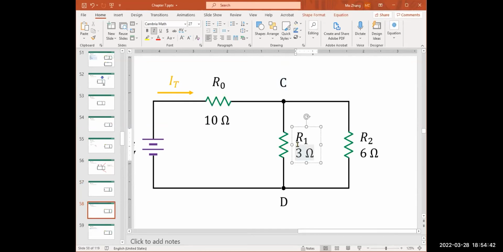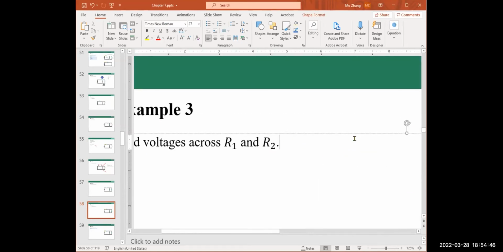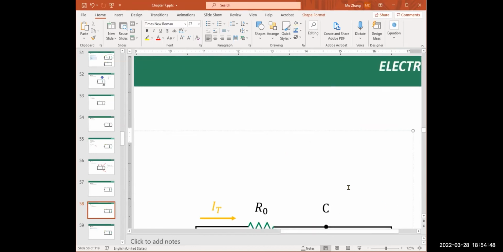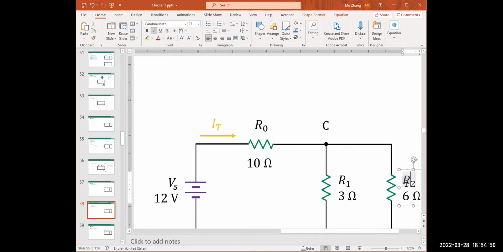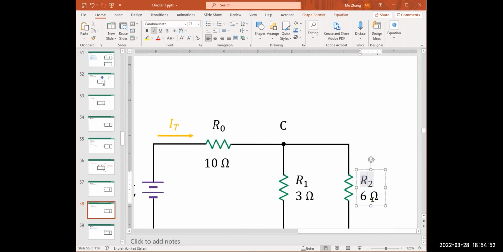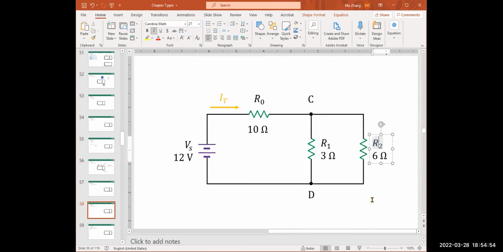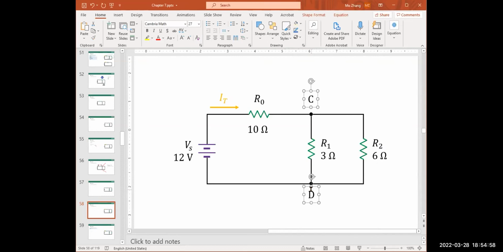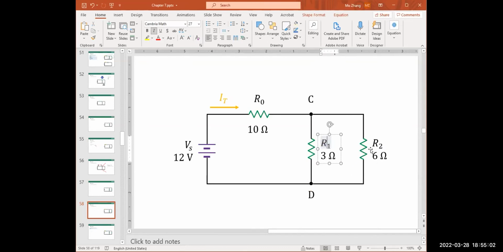And it is the same voltage across R2 because R1 and R2 are connected in parallel. They must have the same voltage. If we know the voltage between C and D, we know the voltage across R1, which is the same voltage across R2.